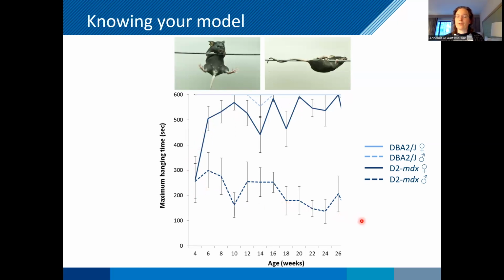Now, this is important information to know because if you do a study and you use 5 mice per group, and in the untreated group you have 3 females and 2 males, and in the treated group you have 3 males and 2 females, there will be differences because you can see this difference. There will be differences just because of the gender.